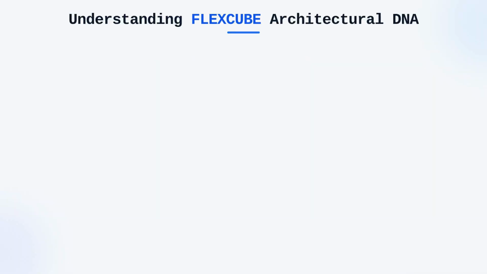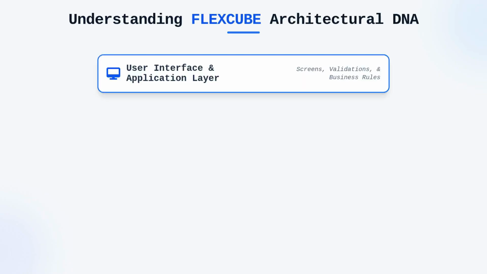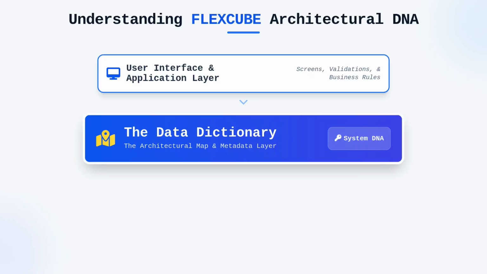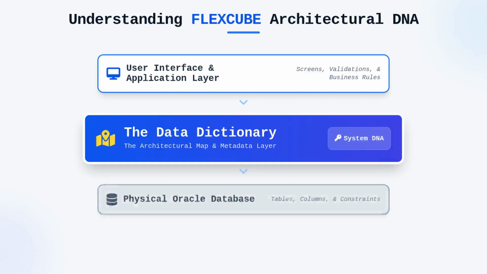When we interact with an enterprise-grade banking platform like FLEXCUBE, we are essentially operating on top of a highly abstracted layer that sits above the physical database. The data dictionary serves as this architectural map, informing the application how to interpret table relationships, column constraints, and view definitions.